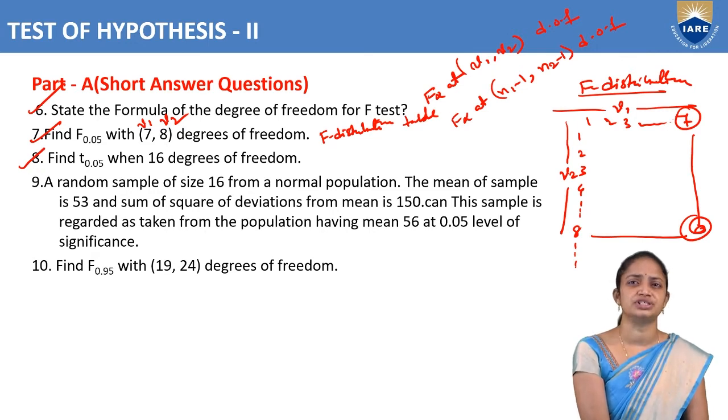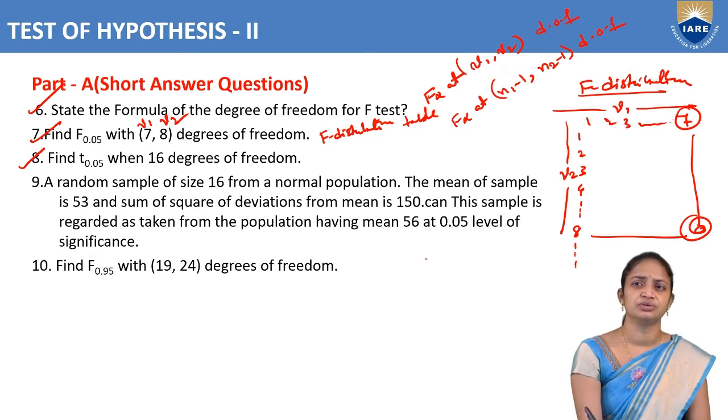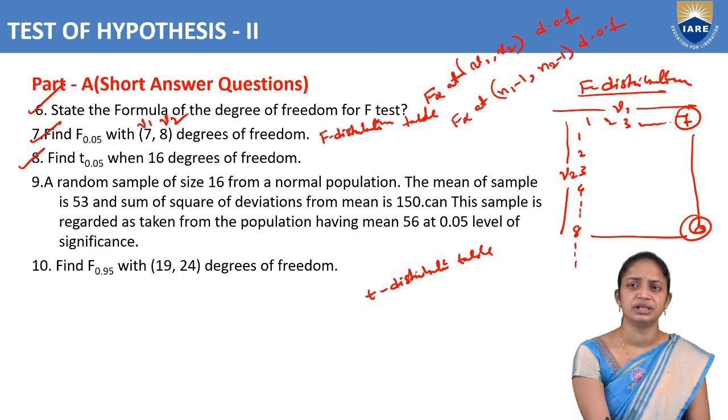Next question is also the same. Find t 0.05 when 16 degrees of freedom. In the t distribution, we have to take it from the t distribution table. The table is like this. Here we have all the alpha values, and these are all nu values: nu 1, 2, 3 and so on up to 16 and beyond.